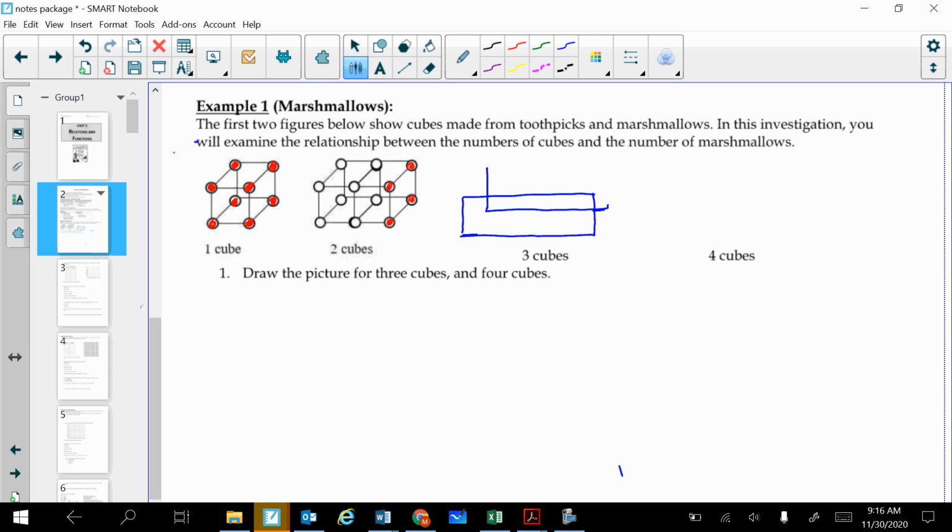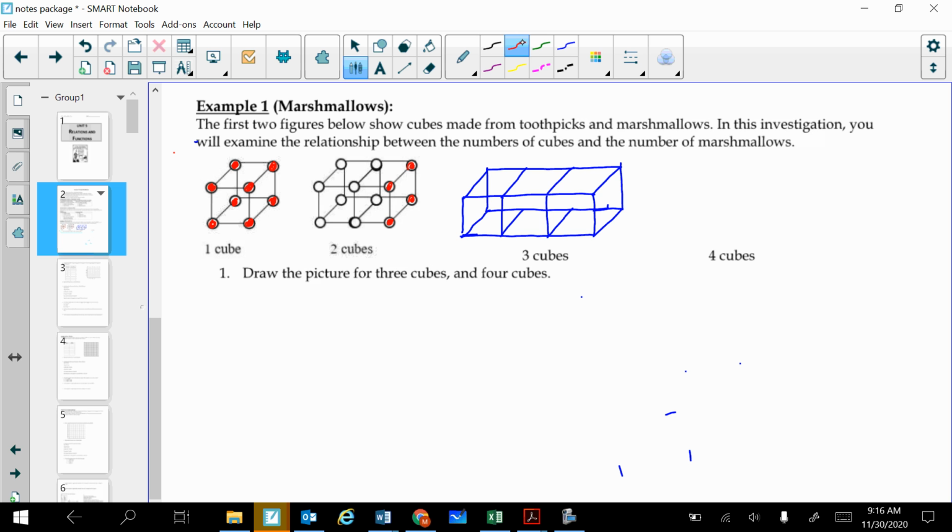So let's go with something that looks like this. Then I am going to connect like that. Now we're going to divide these into 3. So I've got 1, 2, and 3. And then I'm going to just follow the angles that are given to me, and we get something that looks like that.